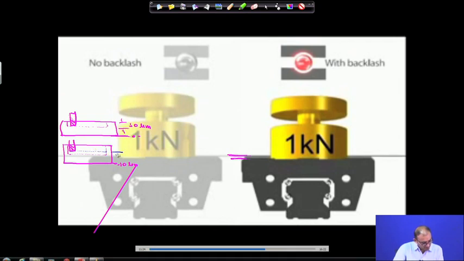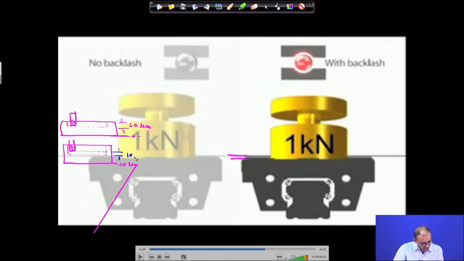So you are getting a dimension difference of 10 micron. Your depth of cut requirement is 50 micron, but what you are getting is 40 micron. So 10 micron is lost because of this backlash.